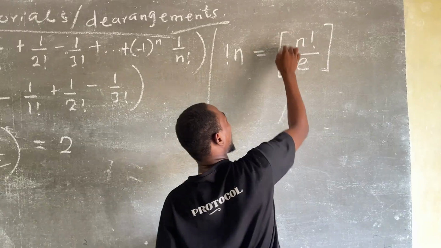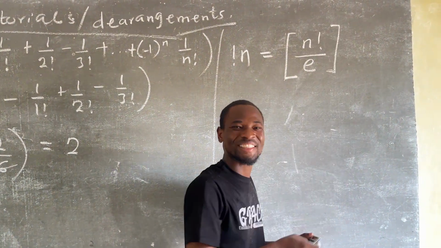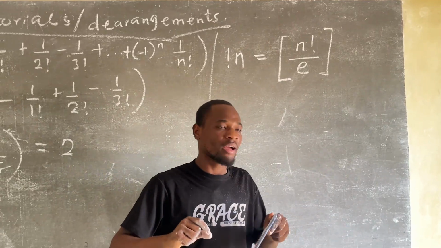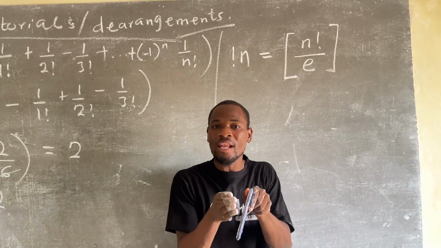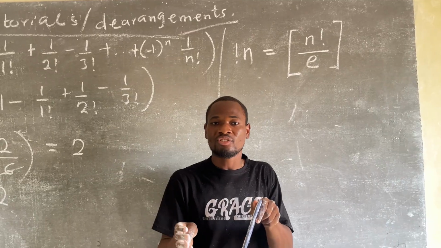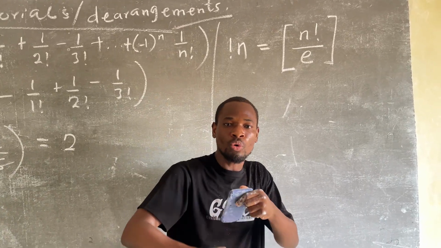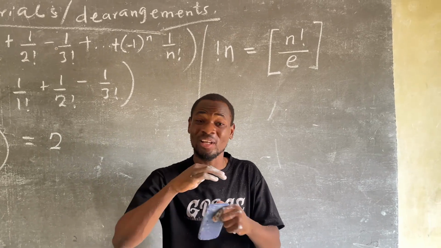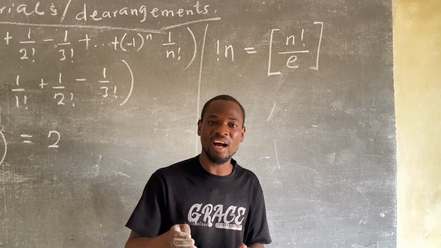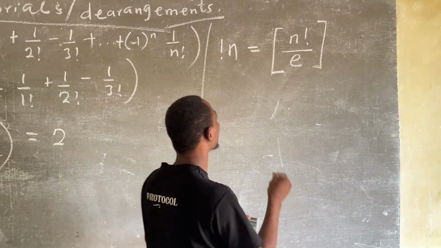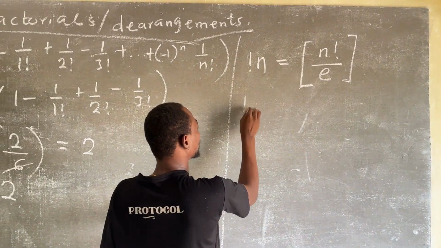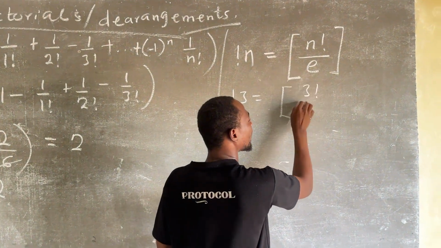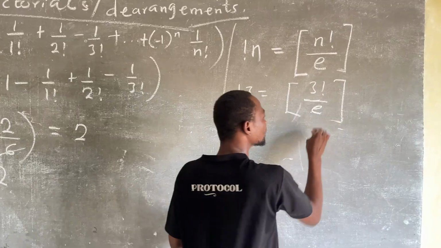Remember, this square bracket you see over here denotes the nearest integer. When you have a value which consists of a whole number part and a decimal part, round the number to the nearest integer, and that becomes your final answer. So subfactorial of 3 is given by 3 factorial all over e.